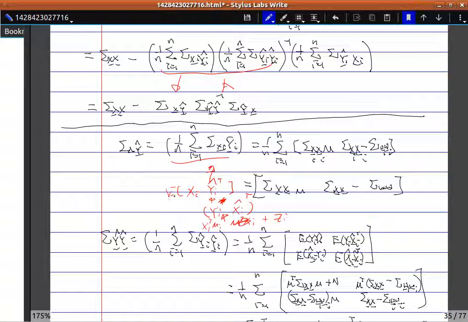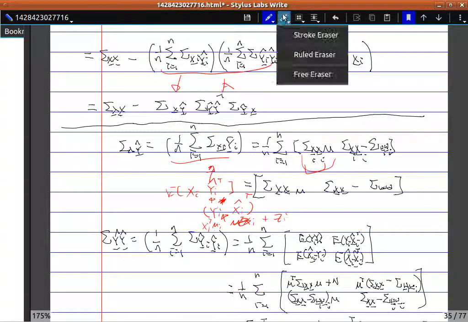Then if I take the expectation of this, I have sigma xx coming up here, and of course ci is independent of that, so I only have one term for this part. It's a little bit ugly, maybe.